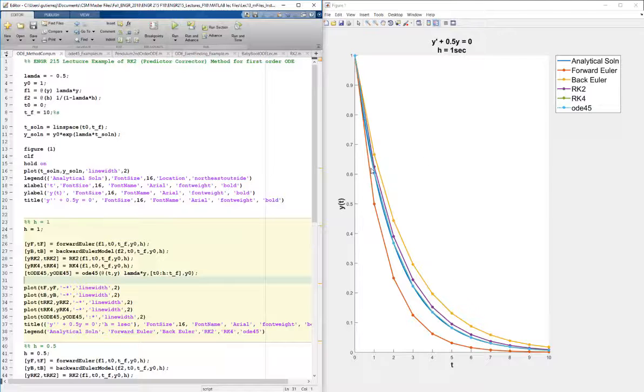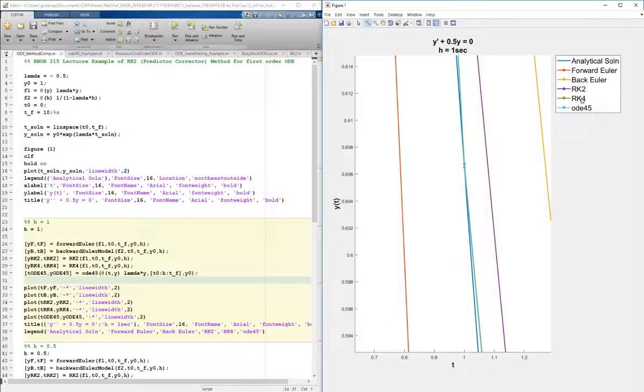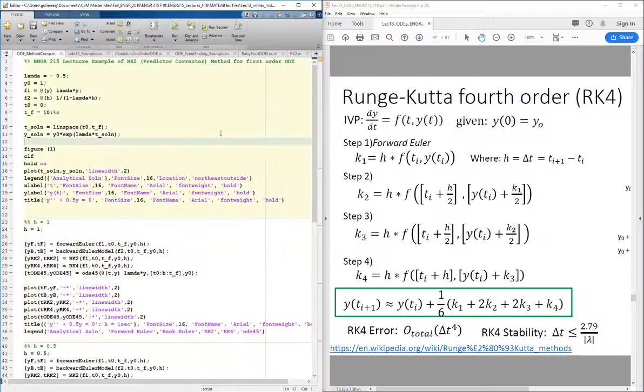And you can hardly tell the difference with RK4. If I go ahead and zoom here, you can't even see RK4. That's because it's right on top of our numerical method from Matlab, which uses RK45. It's slightly different, and in fact, we won't even be able to probe this difference until we see a large time step.